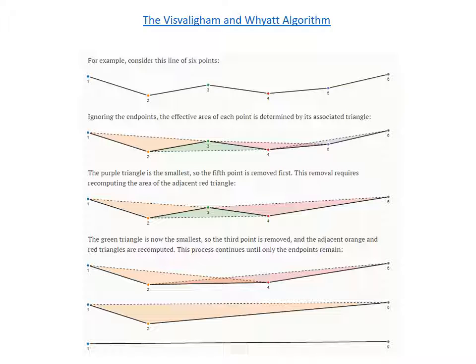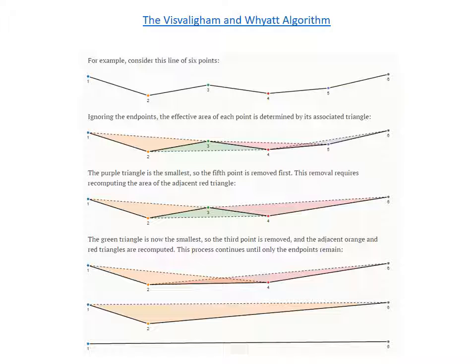So the Visvalingam and Wyatt algorithm that drives that works something like this. If you've got 6 points and we needed to decide how we were going to simplify that line, this is the way the algorithm works: we would draw lines forming triangles between each adjacent point.